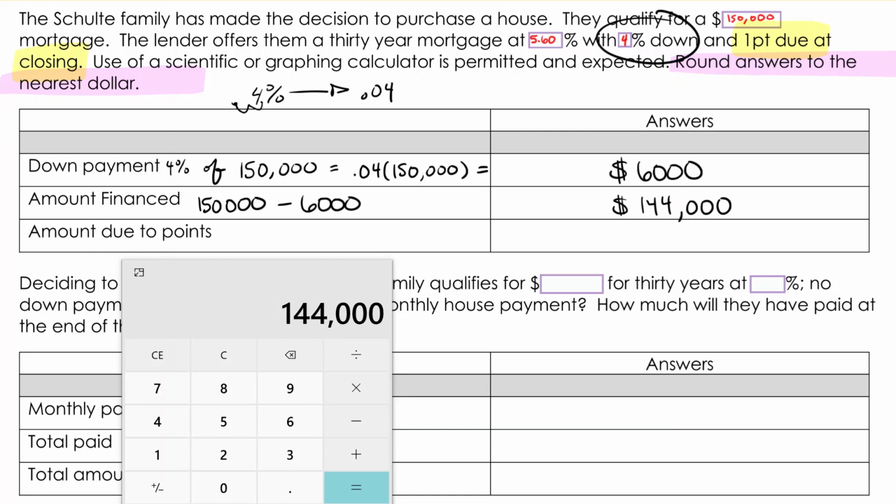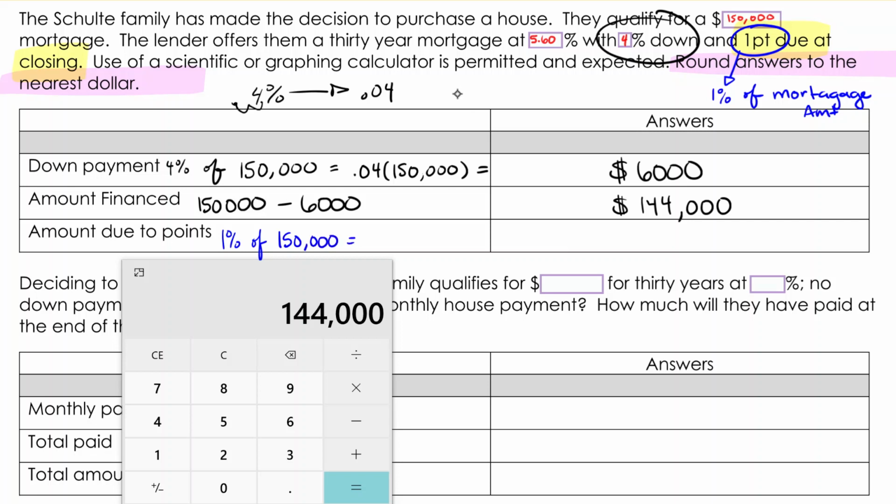Now the amount due to points is always seen as, it says 1 point. 1 point means 1% of the mortgage amount. So we're looking at 1% of the amount of the mortgage, which they said we qualified for $150,000.